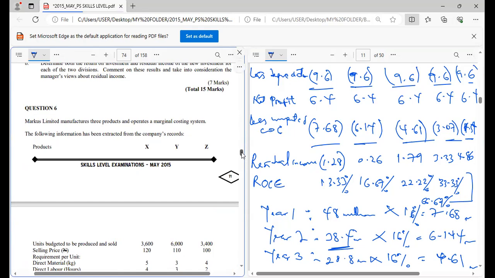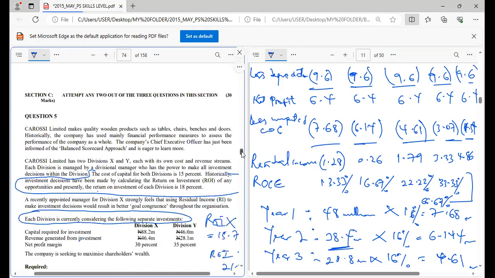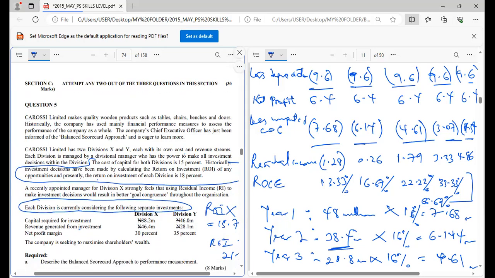Once you know it, you see that everything we need to solve this question is here. If you observe where I marked, these are the things you need to solve the question.